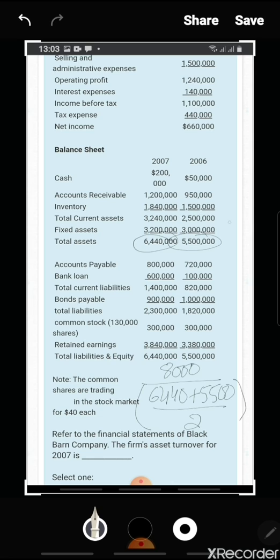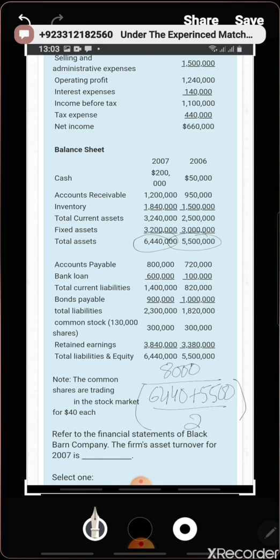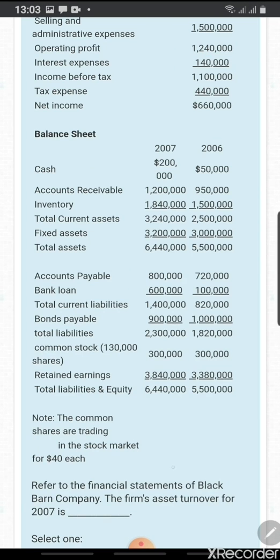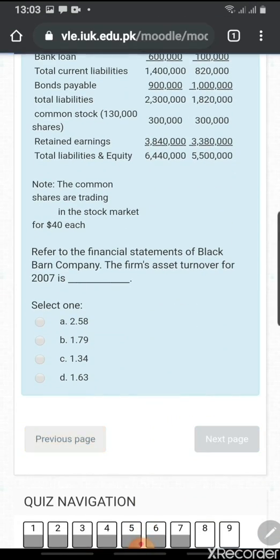Note that I am not taking 3 zeros at each and every place. So if you want, you can ignore the 3 zeros, and if you want, you can take the whole value as well. So the asset turnover ratio is coming 1.34.